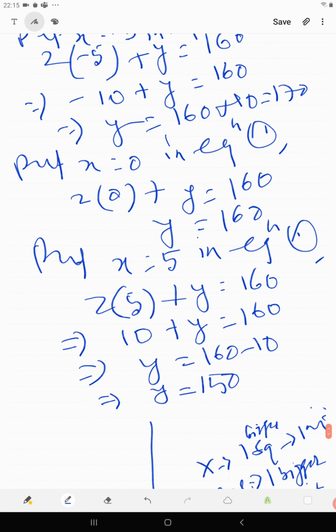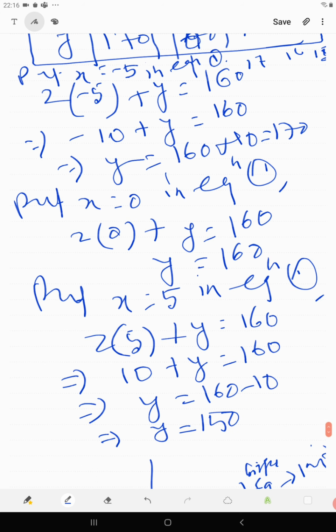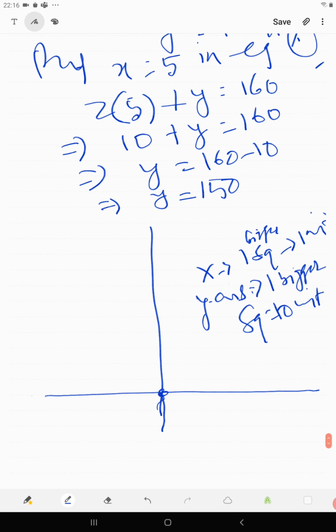Okay, in this case you divide by 10, it will be the answer for you. So first will be 17 bigger squares, second will be 16 bigger squares, and third will be 15 bigger squares. Divide it by 10. So that you will be able to get 17, 16, 15 over here.